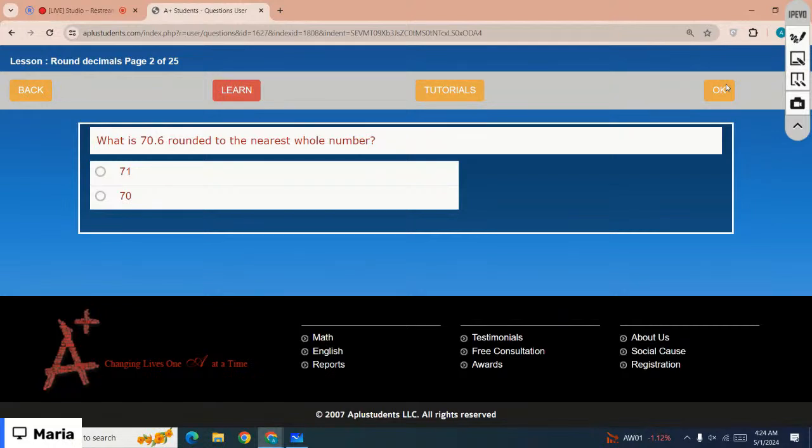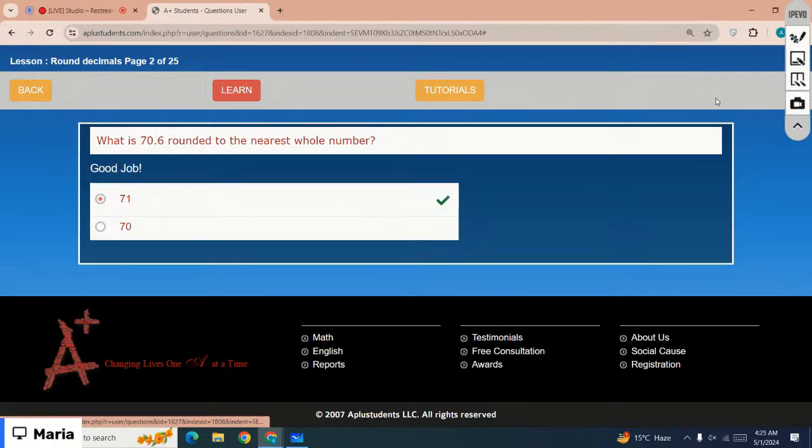The correct option is, you have right next to the decimal point 6, and 6 is greater than 5. So you need to round up. So the correct option is 71.